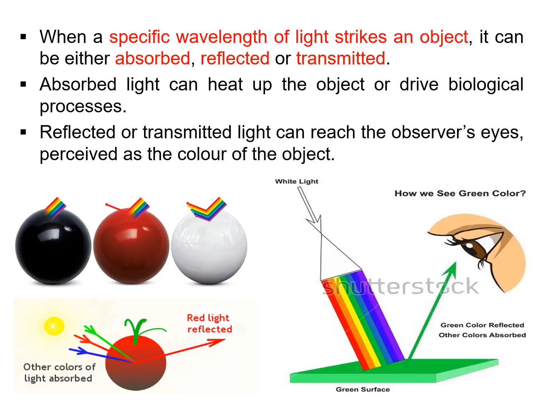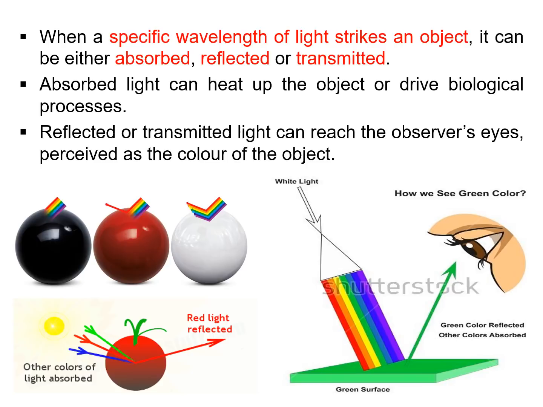This specific wavelength of light which will strike an object, we are referring to the visible light or the visible wavelength, which ranges from 350 up to 750 nanometer, which is influenced by and involved in the photosynthesis process.